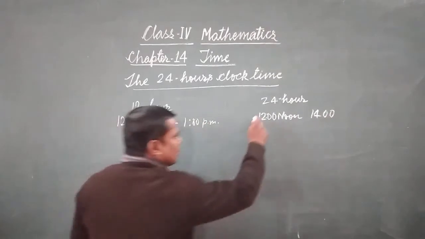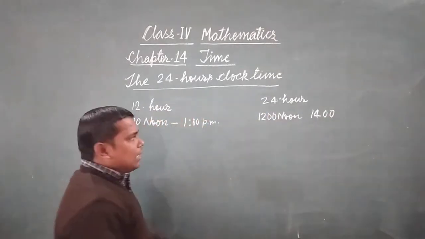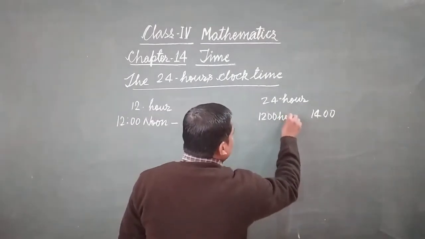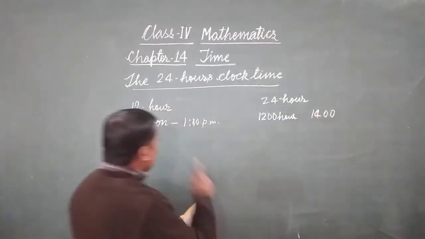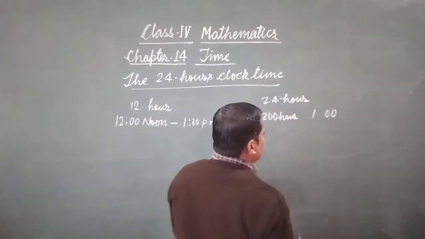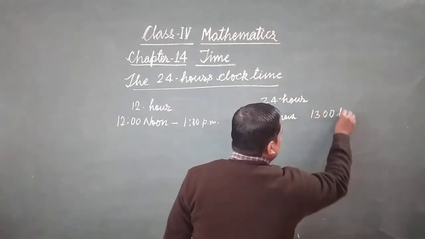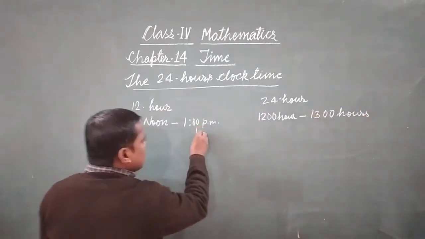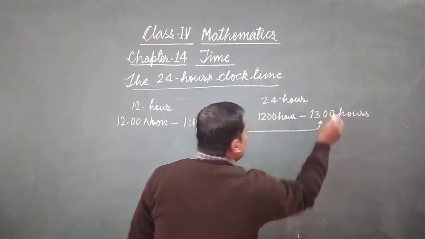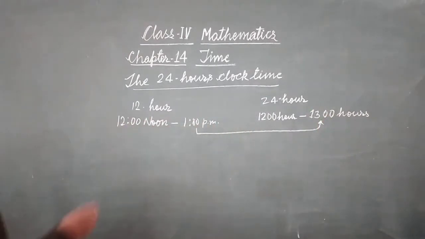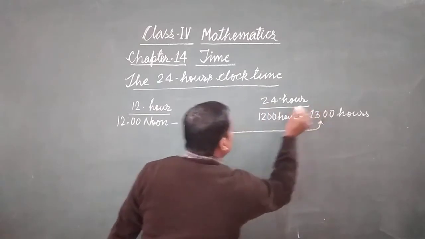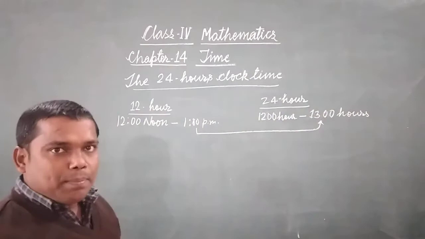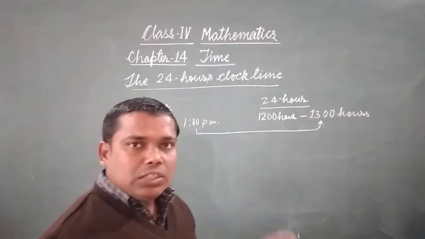It is written here without a colon, after 12 hours. For 2 PM it is written 14 hours. This one corresponds to that in 24-hour time format. Okay. This must be seen by you on the railway platform.